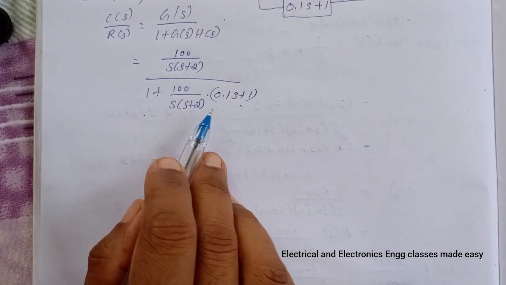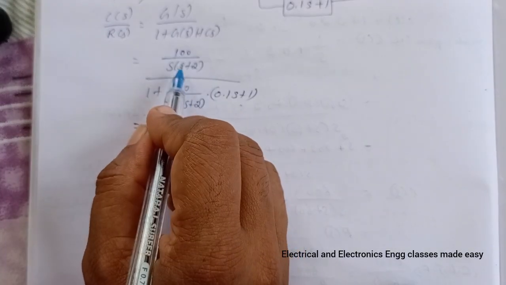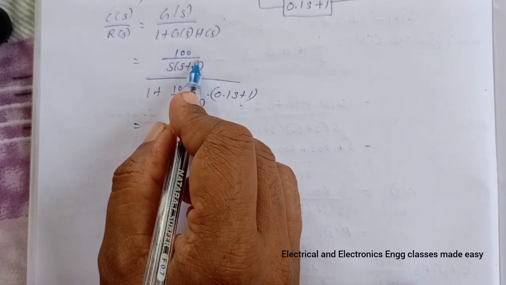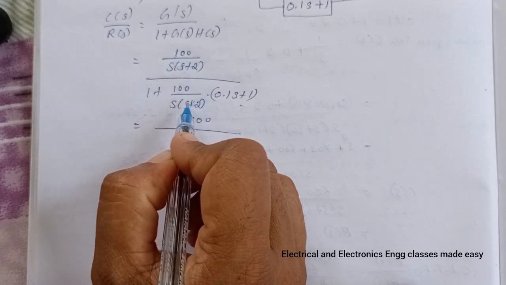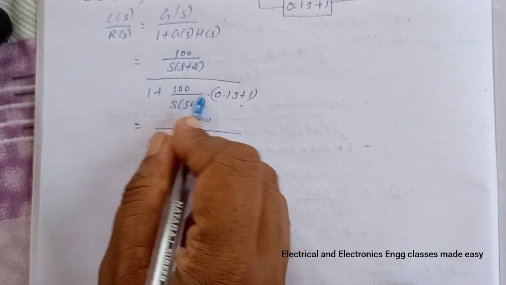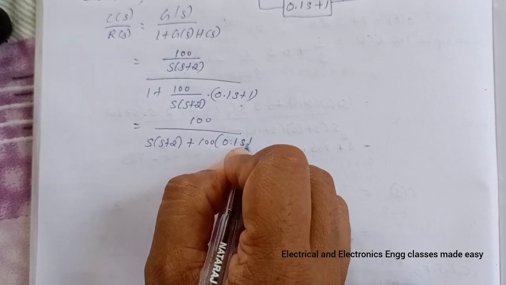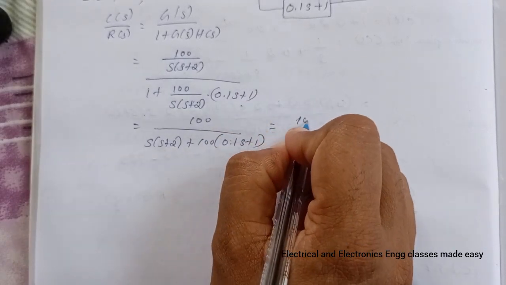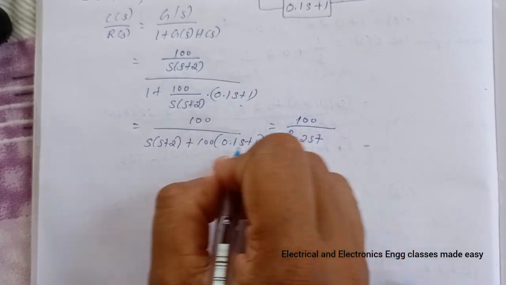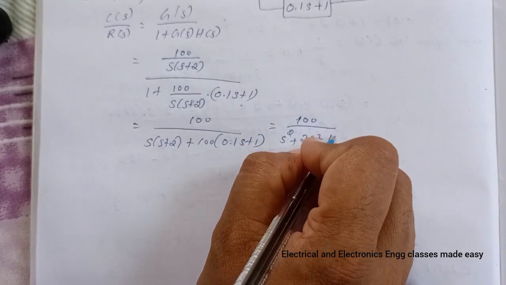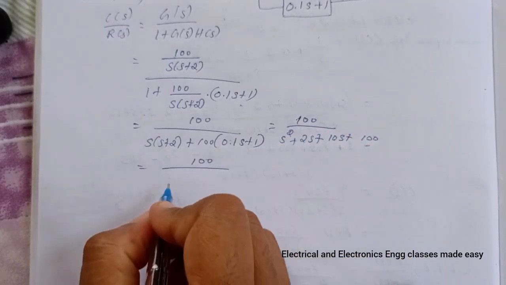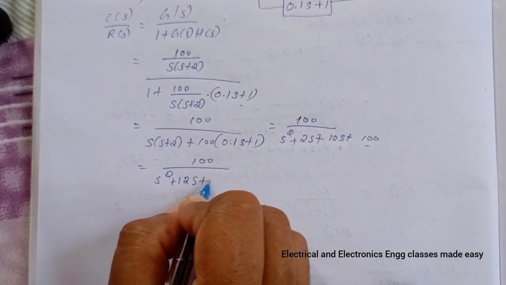Now take the LCM. We can cancel this s(s+2), so we get 100 divided by s(s+2) plus 100 into (0.1s+1), which is equal to 100 divided by s square plus 2s plus 10s plus 100, that is 100 divided by s square plus 12s plus 100.